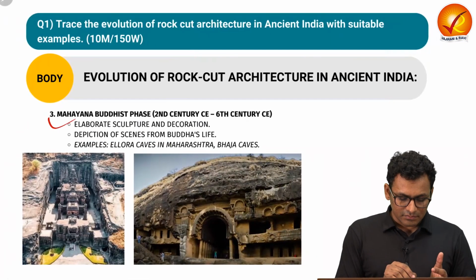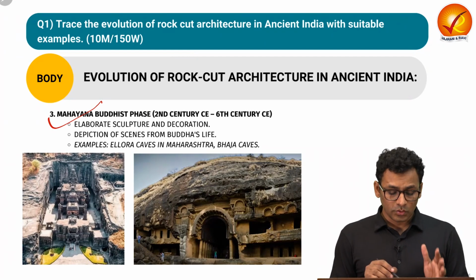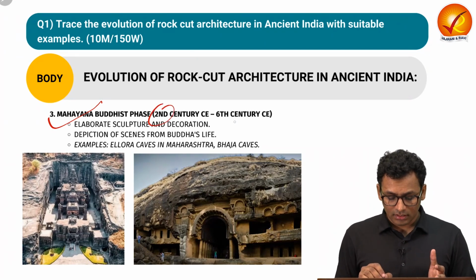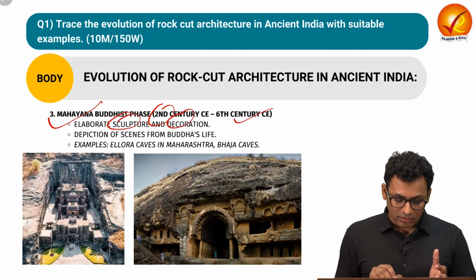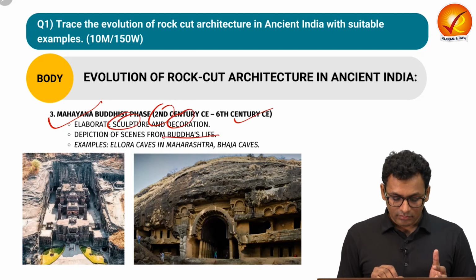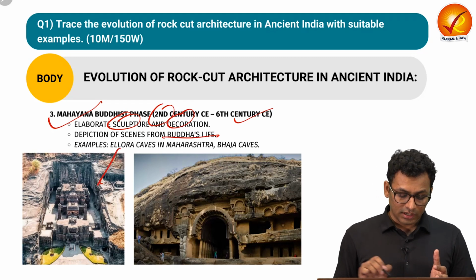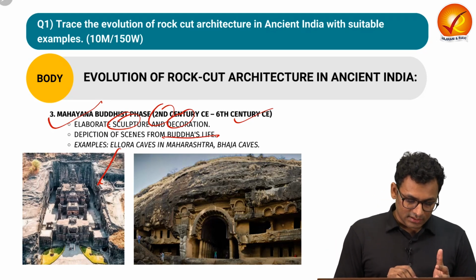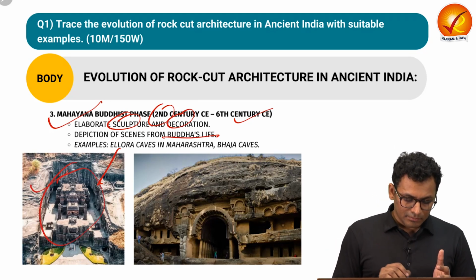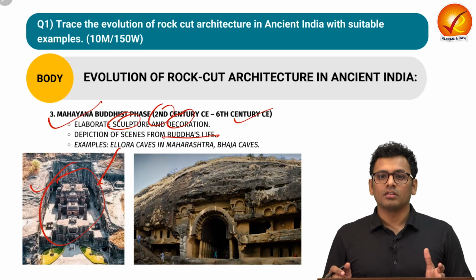The next phase is the Mahayan Buddhist phase, which goes on from the 2nd century Common Era to the 6th century Common Era, where we have seen elaborate sculptures and decoration and depiction of scenes from Buddha's life. You can talk about the Ellora caves, which is a magnificent rock cut architecture where the entire temple is carved out of the rock formation.